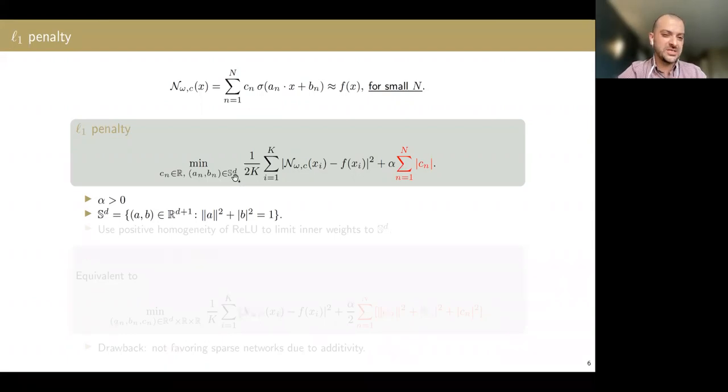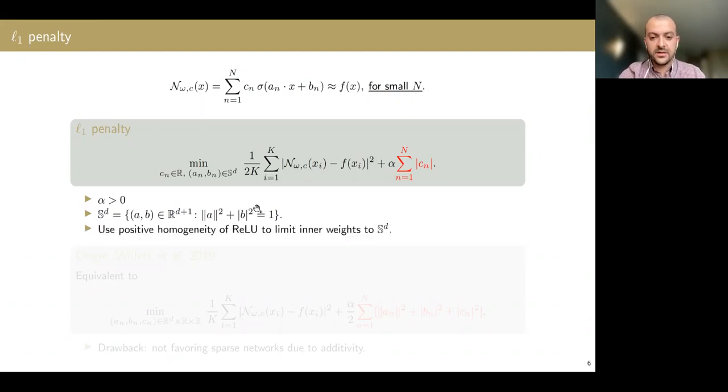If you don't put this condition, due to positive homogeneity, you can take your network and split one node into multiple nodes on the same ray. And then it's pretty much the same node, but you can artificially inflate the number of nodes, right? So you have to impose this condition where a_n and b_n are on the unit sphere in R^(d+1) dimensional space. So kind of normalizing it. Again, without normalizing this, the problem wouldn't make sense.